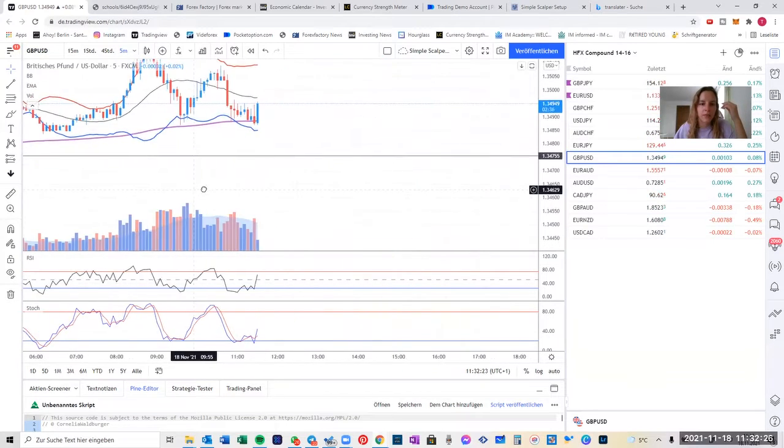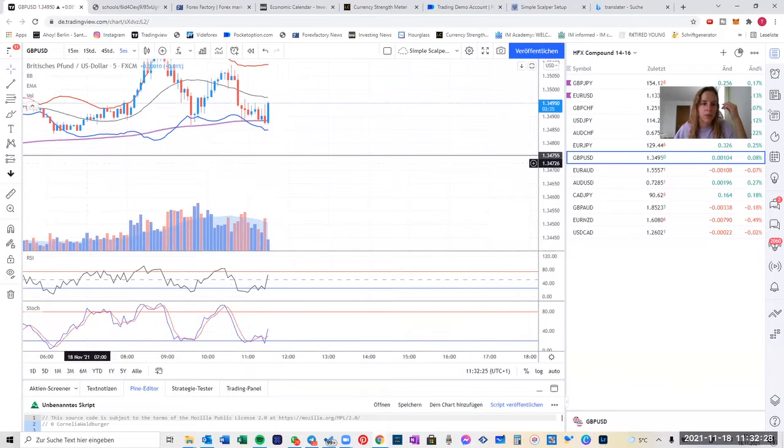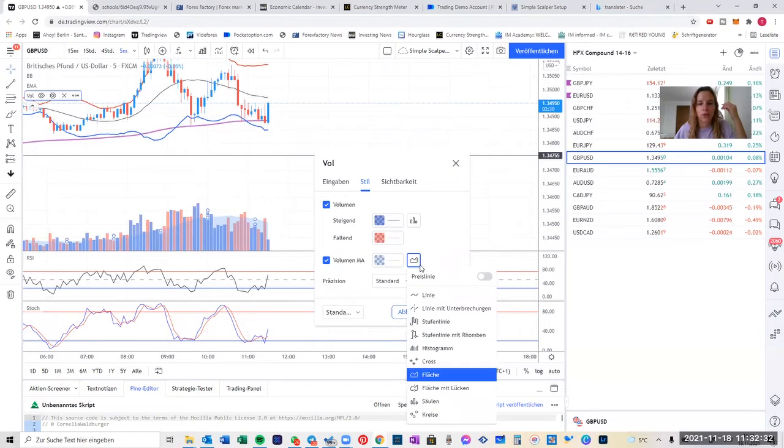And you see here, it's a little bit of a tricky setting, which I show you real short. When the candle is above this blue light background, it has enough strength. But it can also be an indication for overbought or oversold.